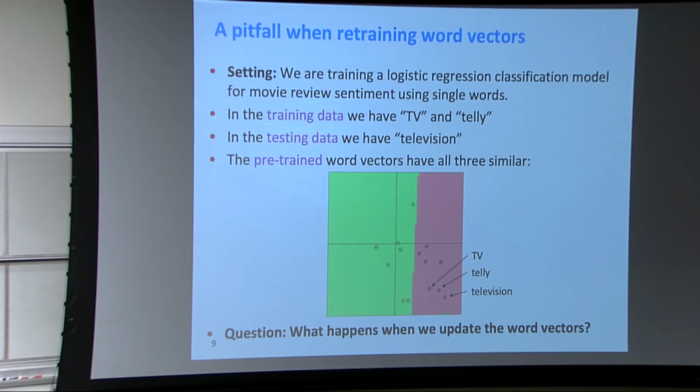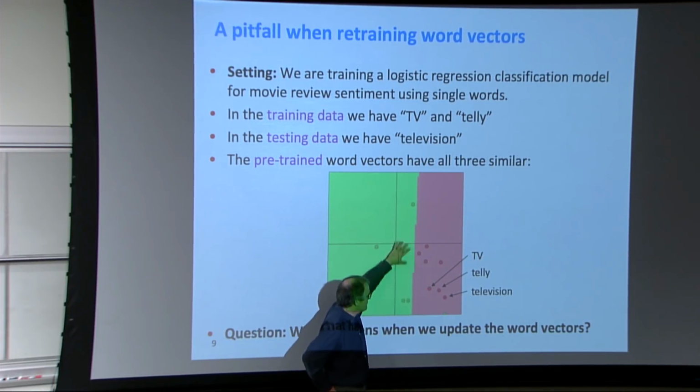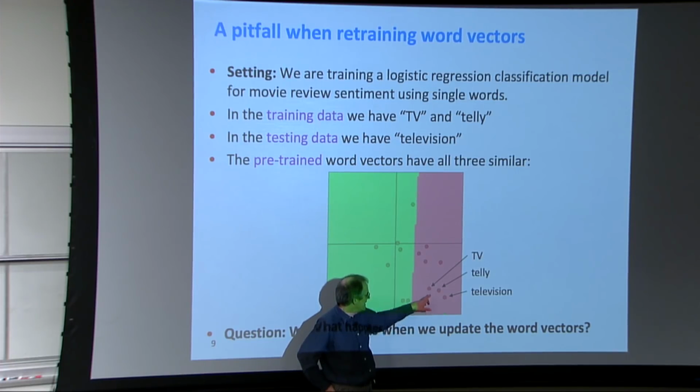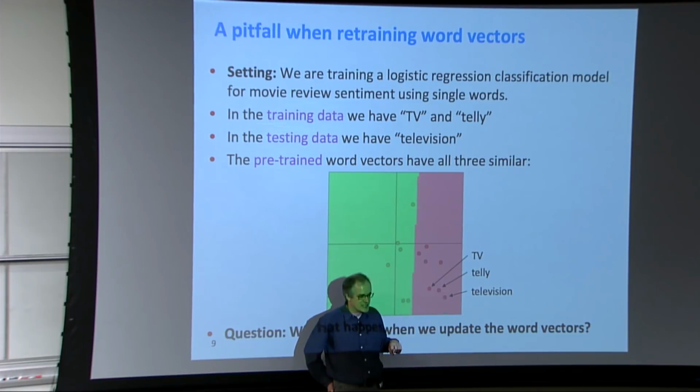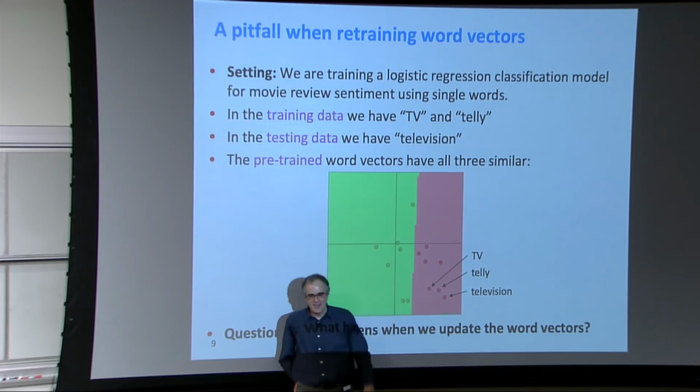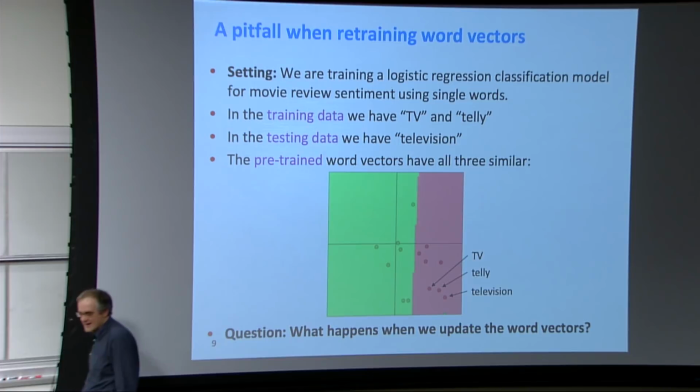Well, suppose that we're training a classifier, it could be the one I just did, or a softmax or logistic regression, and we want to classify movie review sentiment as positive or negative. If we have trained our word vectors, we've got some word vector space, and maybe in that space TV, telly, and television are all very close together because they mean basically the same thing.